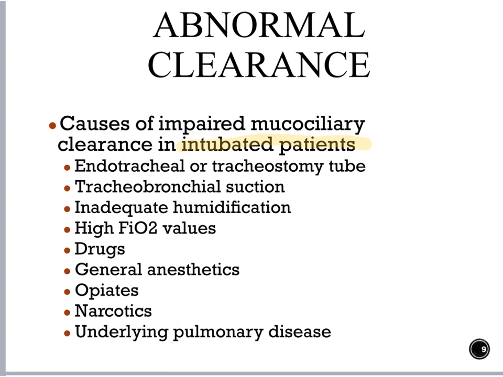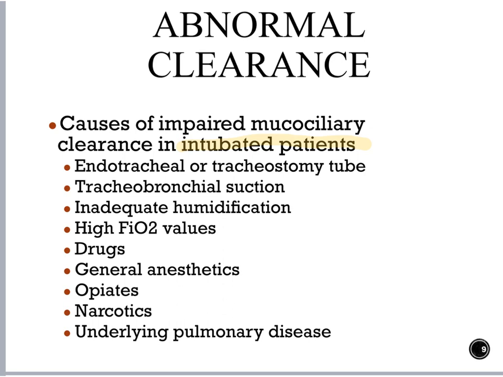First of all, it impairs the closure of the glottis. So the glottis is not able to close, to compress. The endotracheal tube is a foreign body, so the body thinks that it needs to force it out. It can increase mucus production because it thinks that foreign body is there to do harm.